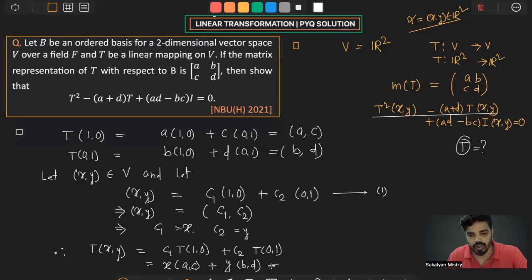So ultimately, what do we get? You get (ax, cx) plus (by, dy). That means add: first component with first component, second component with second component. So (ax plus by, cx plus dy).